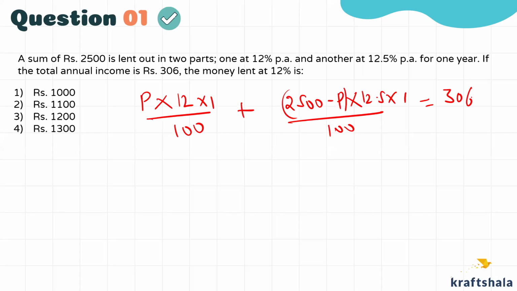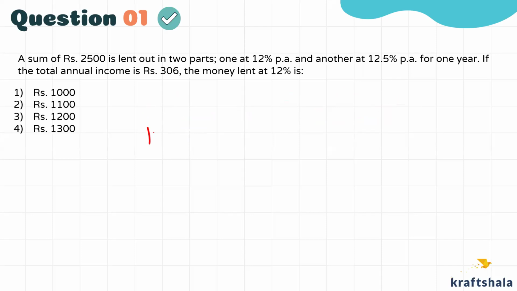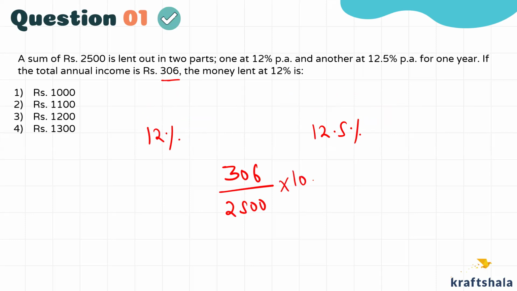एक और तरीका which I want to discuss जिससे question थोड़ा easy हो जाता, and that is a good way as well, मतलब time taking कम हो जाता. So what you can do is, one is 12%, one is 12.5%, and overall income दी हुई है 306. So if I divide 306 by 2500 and convert this fraction into percentage, ये overall percentage हो गई. 12% one, 12.5% another, and mixture की percentage ये हो गई. So doesn't it become like a mixture allegation question, isn't it? So this is 12.24%: 12% on one amount, 12.5% on another amount, and 12.24% on the entire amount.